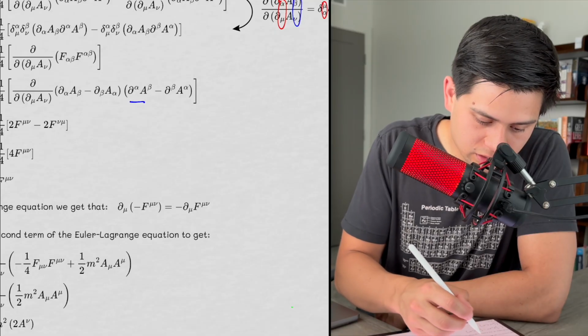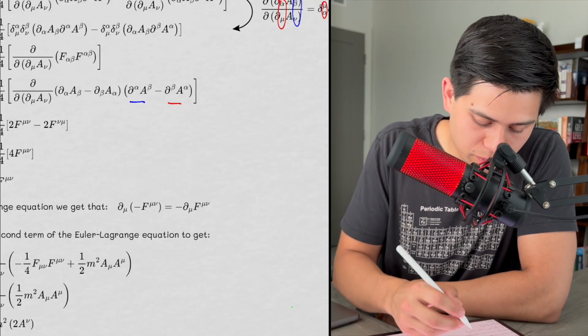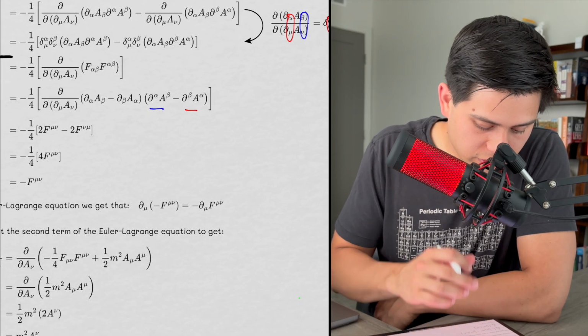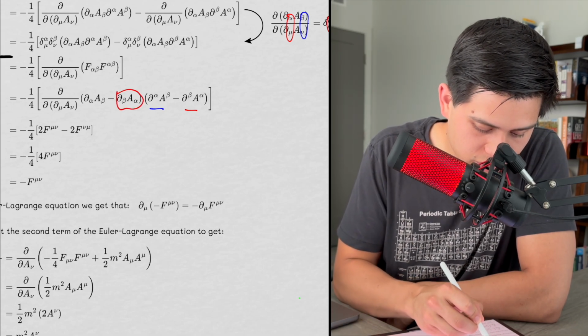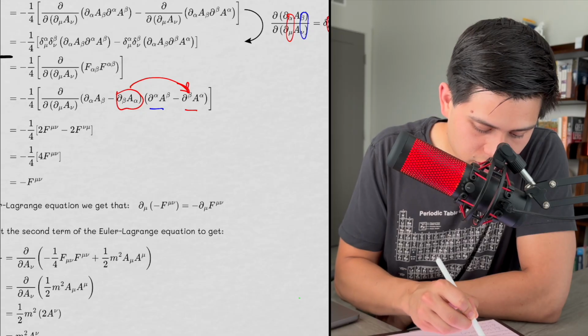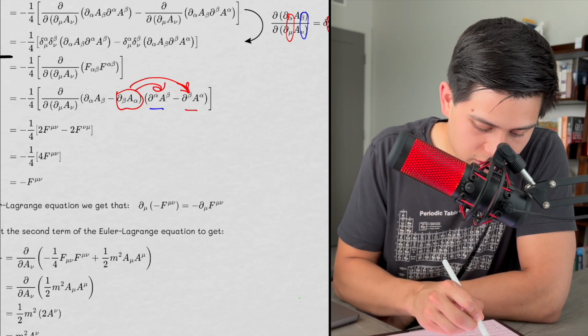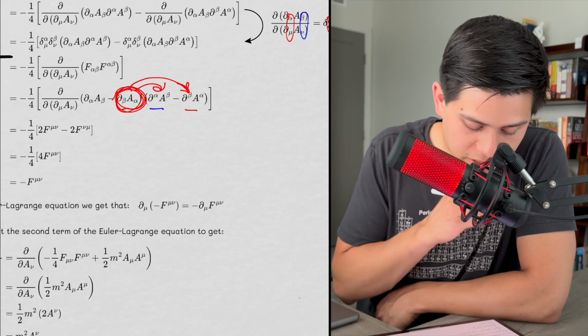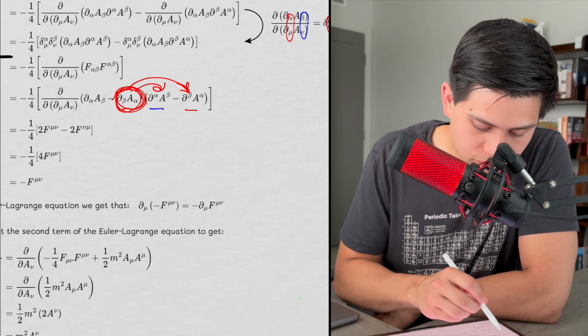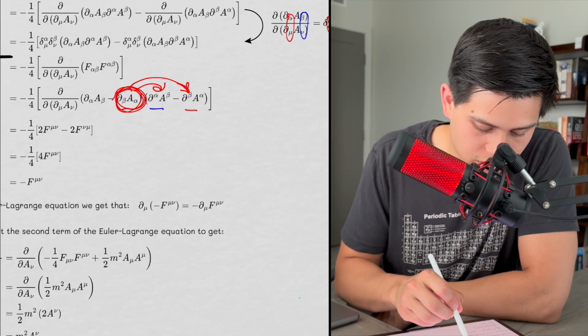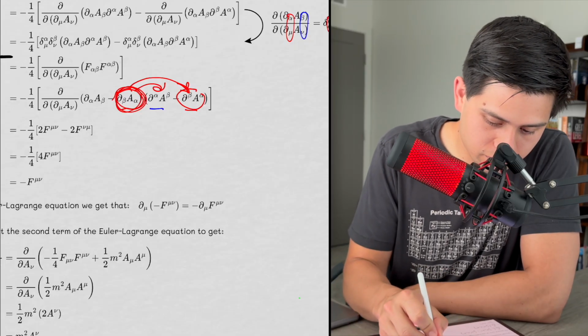This is our upper index, here's another upper index. And when we take the derivative with respect to these guys, this is going to get multiplied to here and to here. And this is a constant, because we're taking the derivative with, or wait, no. This is going to be the constant. Sorry, my bad.